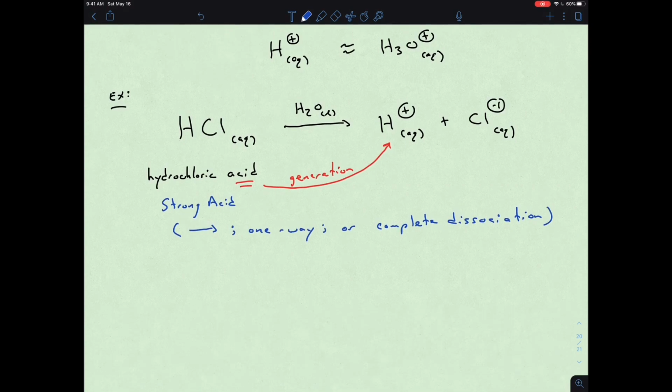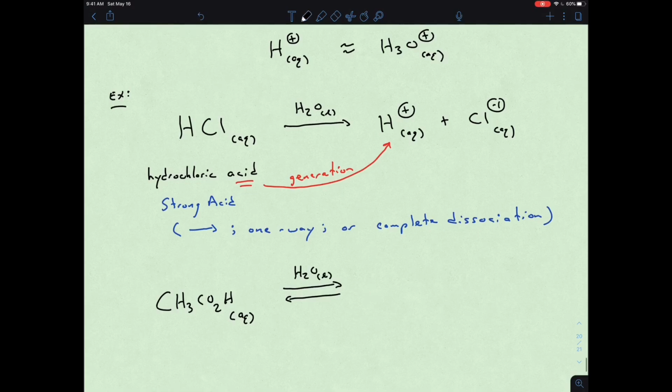Another example, maybe on the weaker side, would be a common component of vinegar, which is acetic acid. And acetic acid, when we put it into water, actually isn't a complete dissociation.